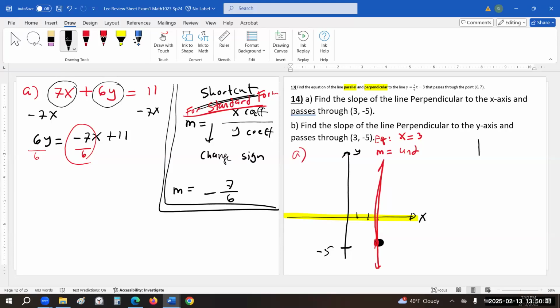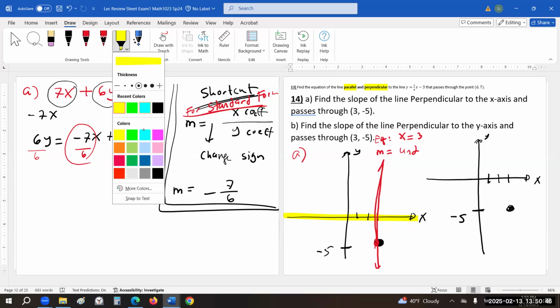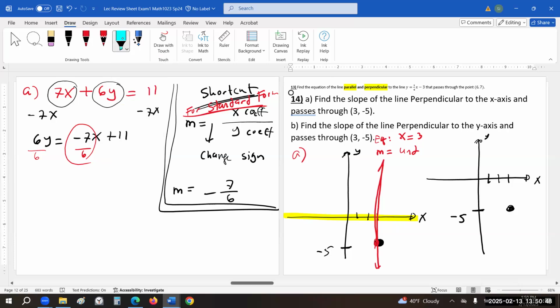Now for 14b, let's try another one. So x, y, 1, 2, 3, and let's say this is -5. We have a point here. Let's read B. It says find the slope of the line perpendicular to the y-axis. So this is the y-axis.